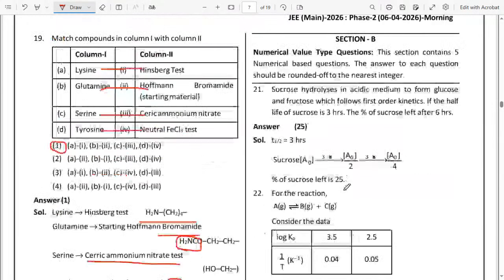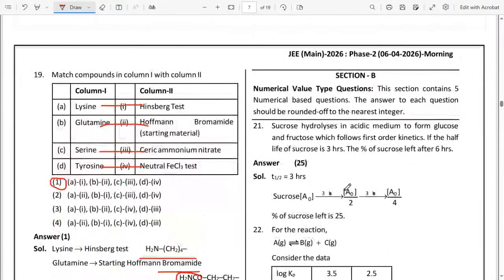Next, dear students, section B of chemistry JEE Main 2026 phase 2, 6 April shift 1 question paper. As usual, section B contains 5 questions of numerical answer based questions. That means the answer must be a numerical number. There will be no options to choose, right, friends?